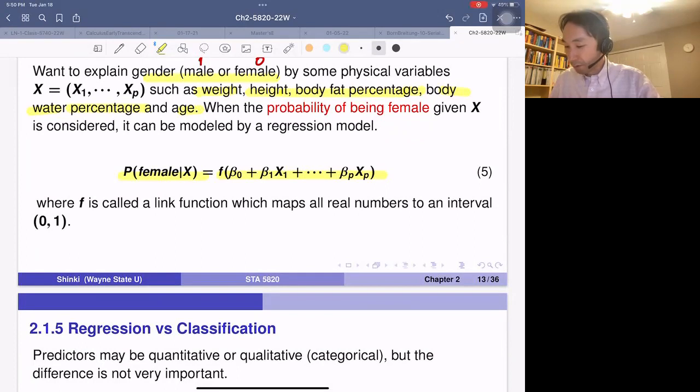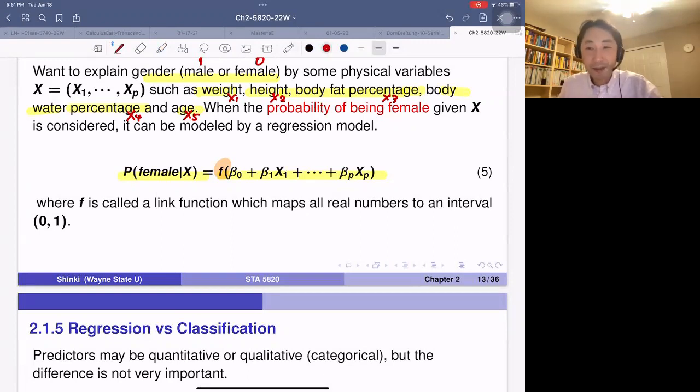Maybe x1 is weight, x2 is height, x3 is body fat percentage, x4 is body water, x5 is age. Then we make a linear combination of these predictors plus intercept, then f. Anyone remember what function f is for logistic regression?